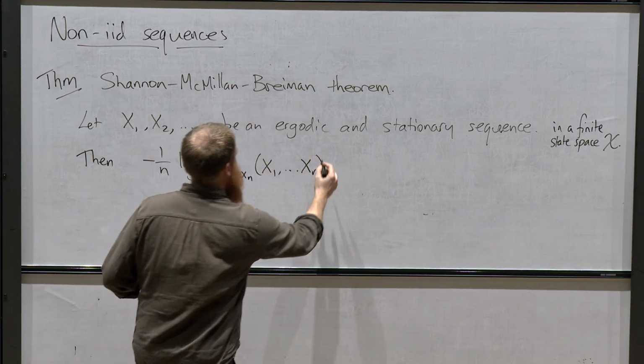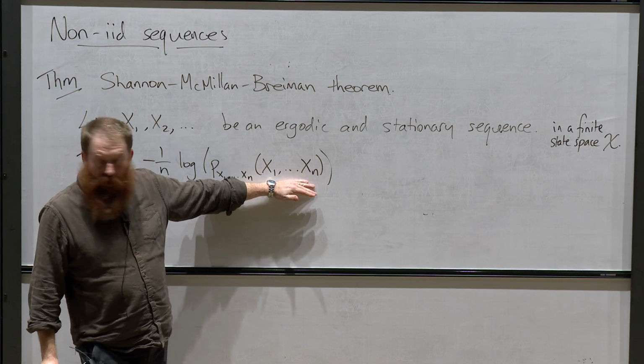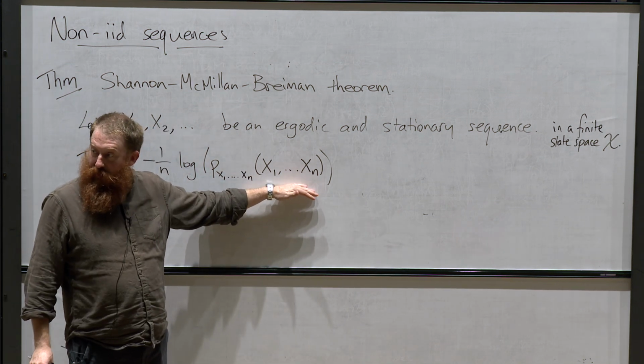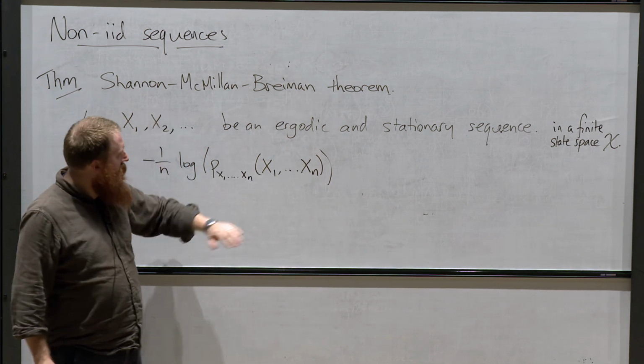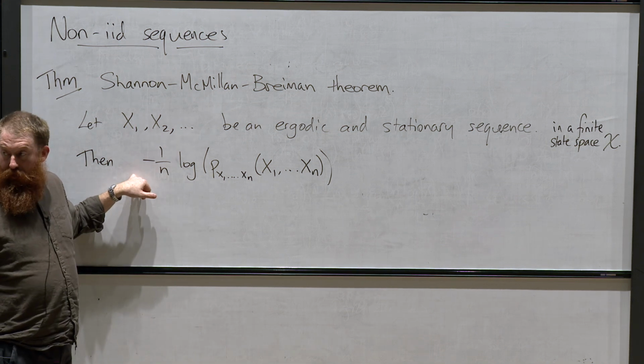Okay, so what have I got here? I've got n random variables. I look at the probability that I observe this particular sequence of n random variables, and I evaluate that on the observations of the random variables. I then take a log, divide by n, and put a minus sign.